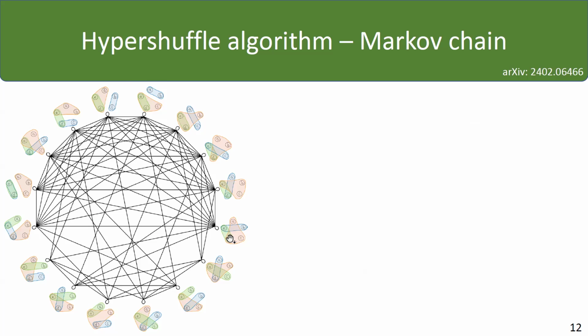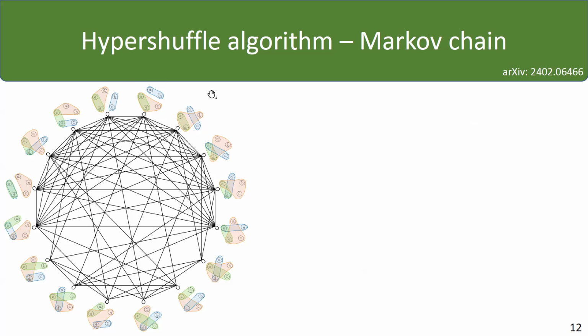So from any of these hypergraphs, you can always transition back to the same hypergraph as well. And this describes the Markov chain, which is underlying this algorithm. And so the algorithm is to just hop this Markov chain many, many times.